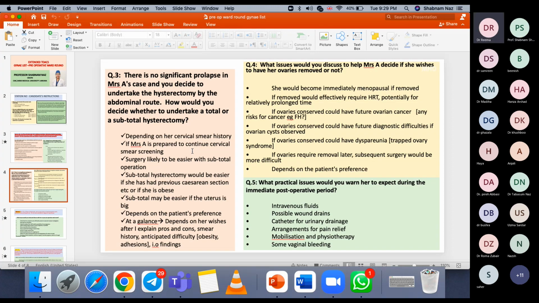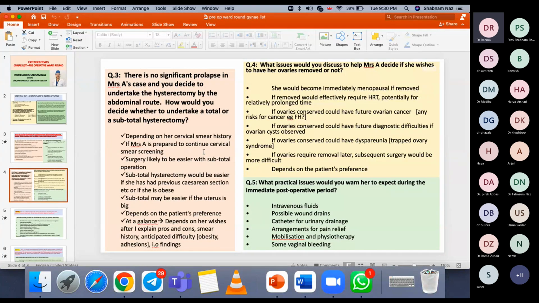It depends on the patient history, and if there is a past history of any abnormal cervical smears, and the patient wishes. It also depends upon the past surgical history.